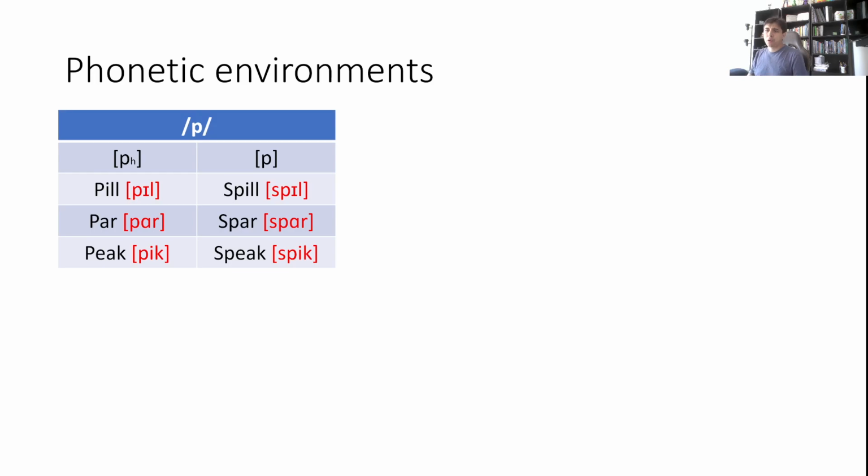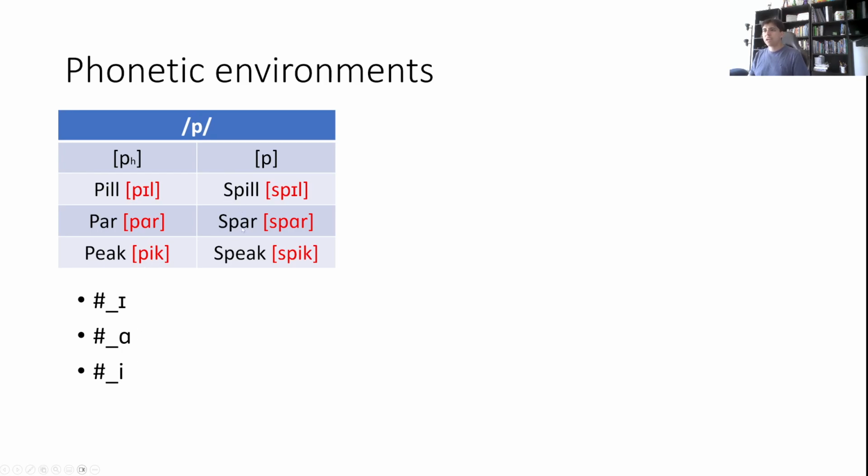As you can see, in the case of the aspirated P, it's at the beginning, and then we have this vowel. For the second one, again, it's at the beginning, and then we have this vowel, and in the third one it's at the beginning, and then we have this vowel.